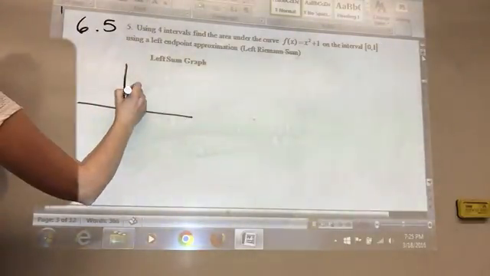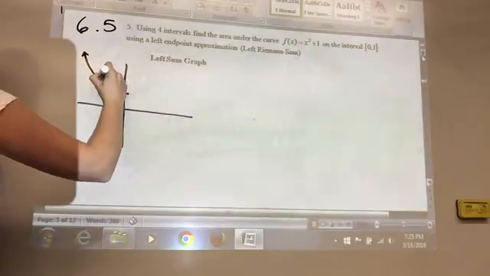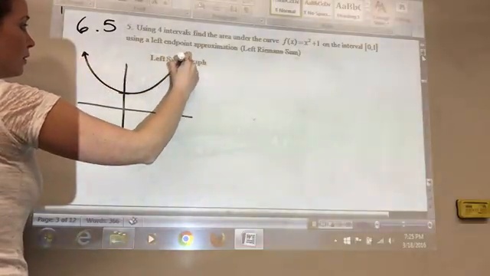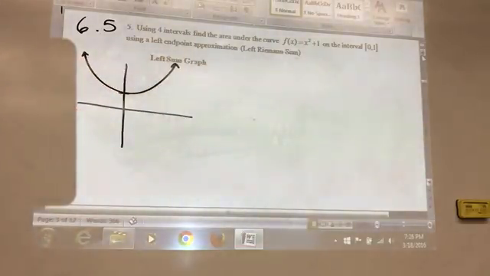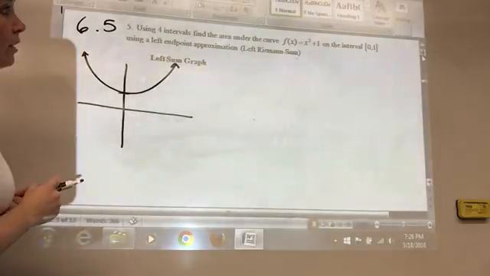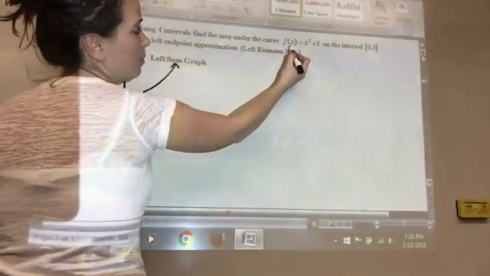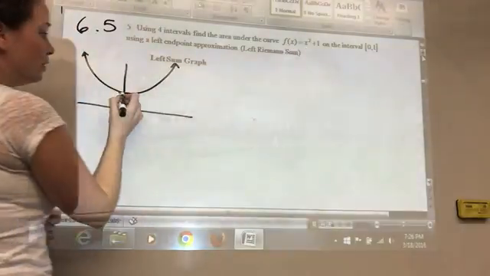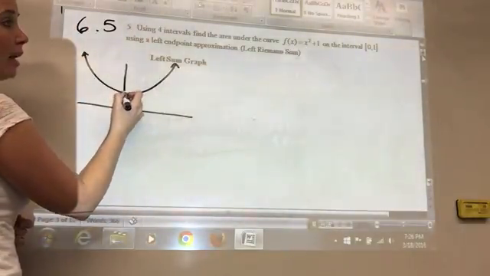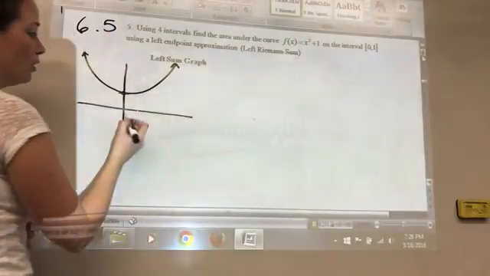So we're going to draw this picture. Okay, once I have that drawn in there, we can think to ourselves, well, if I sub in 0, I get 1, so we know this ordered pair is (0, 1). If I sub in a 1, I get 2.